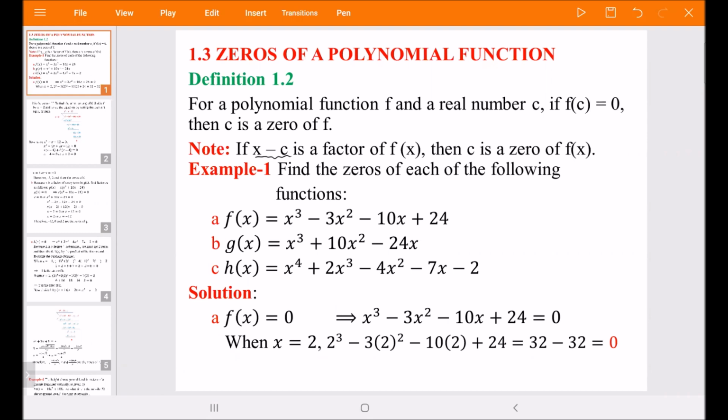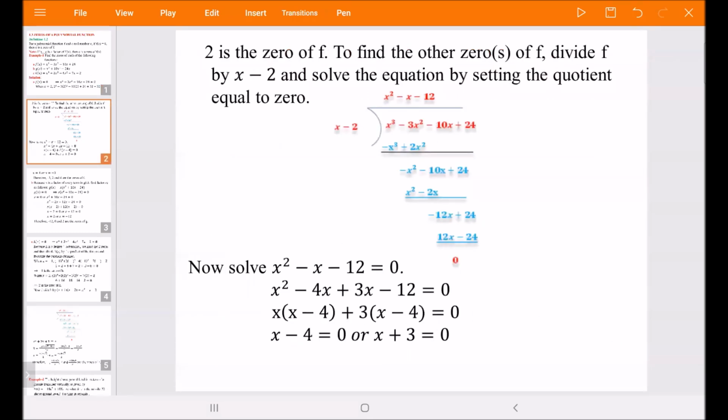So ignoring the remainder, we focus on the quotient obtained. So 2 is the zero of f. To find the other zeros of f, divide f by x minus 2 and solve the equation by setting the quotient equal to 0. Now the quotient obtained is x squared minus x minus 12.